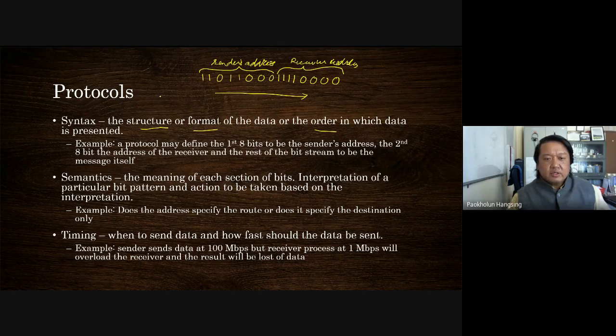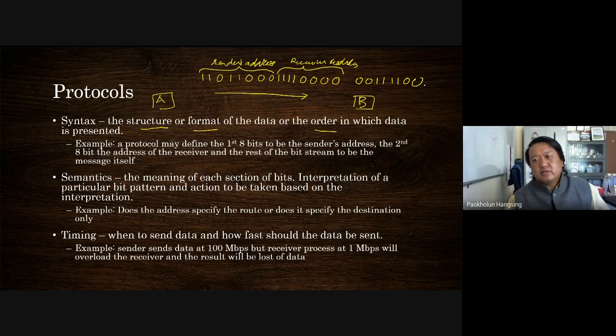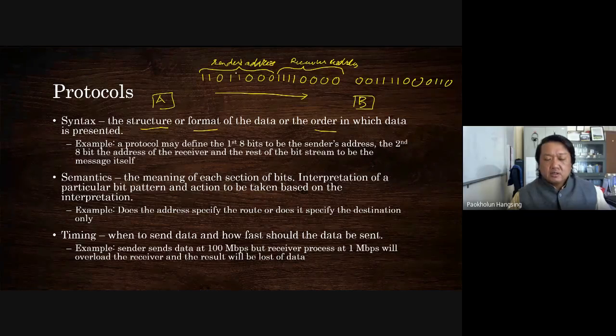So A and B, the communicating devices, understand that the first 8 bits are the sender's address and the next 8 bits are the receiver's address. So they are not the actual data. The remaining can be the remaining stream of data that follows this first and second 8 bits.